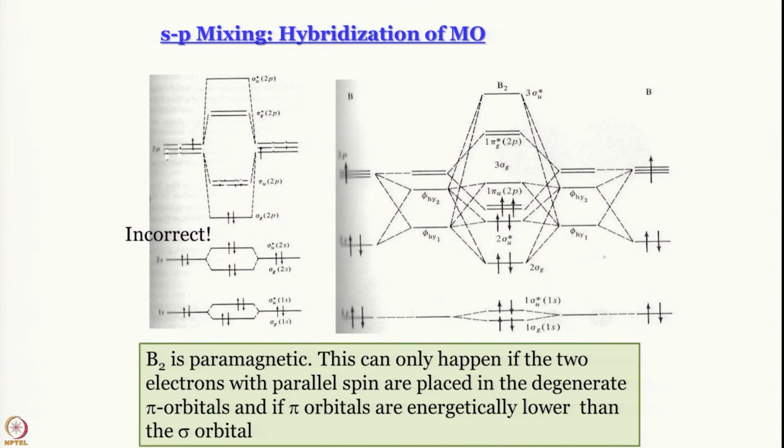I actually wanted to show you a very recent paper on B2, but unfortunately I forgot it. If I remember, maybe in one of the next classes I will flash it, but the moment is gone, I should have shown it now. There is a paper published on this as recently as 3 weeks ago in one of the most reputed journals of chemistry, from the Indian Association for the Cultivation of Science.